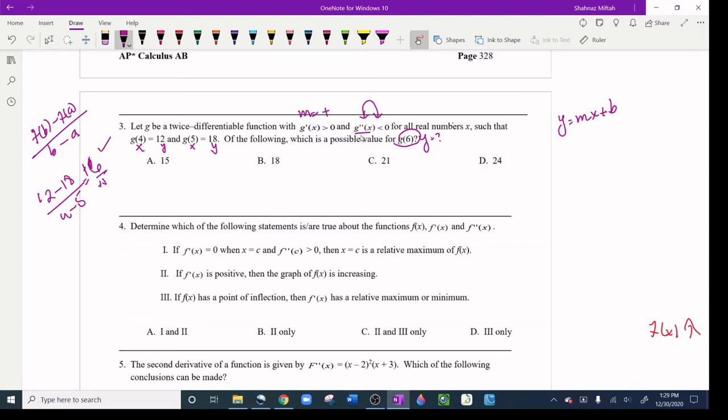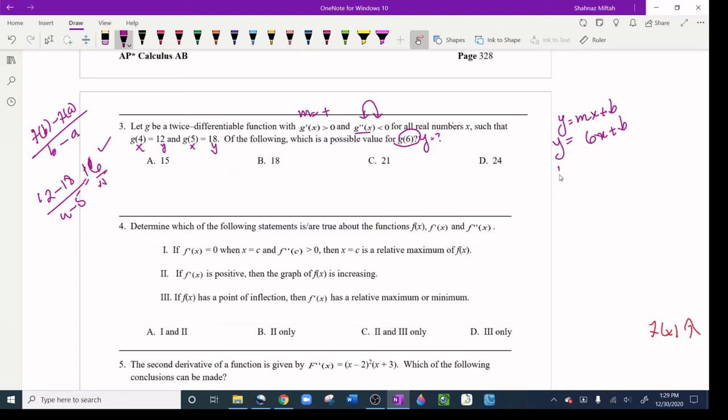Now how do I get the g double prime? If I plug in that slope here, 6x plus b equals y, then I can plug in that 6 for the g of 6 right here, but I have to have a b. Then I'll get the y, but I have to have a b first. So how do I get b? I pick any ordered pair.